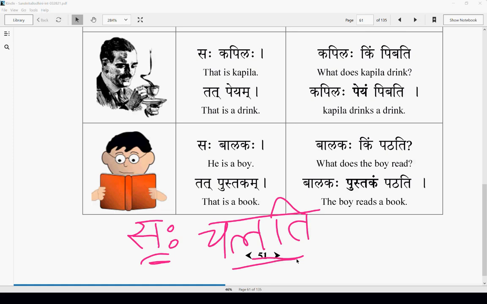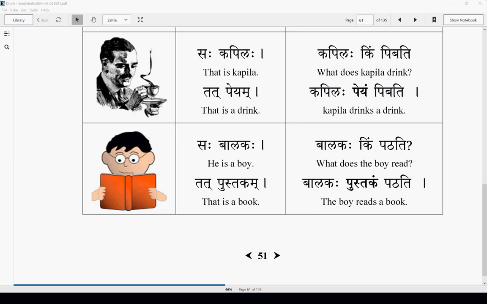applicable in such a kriya padam, right? If like a kriya padam chalati, for example, hasati or dhavati is there. So dhavati is running. Somebody is running. Like balika dhavati is there. We have seen before. Balika dhavati. So here also there is no. It doesn't make any sense to ask the question like kim dhavati.